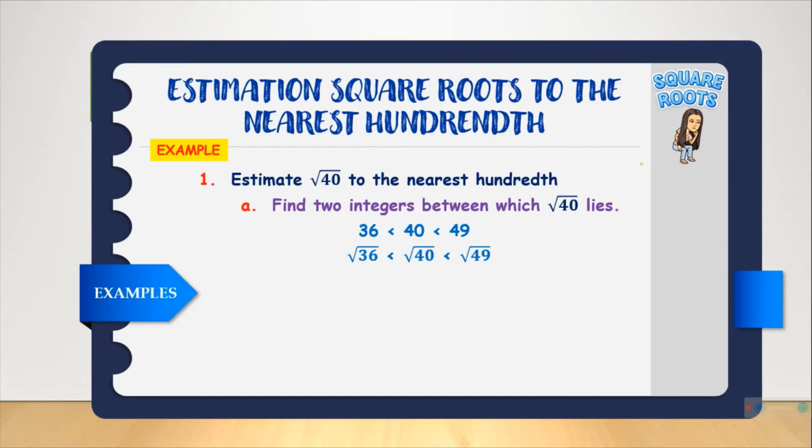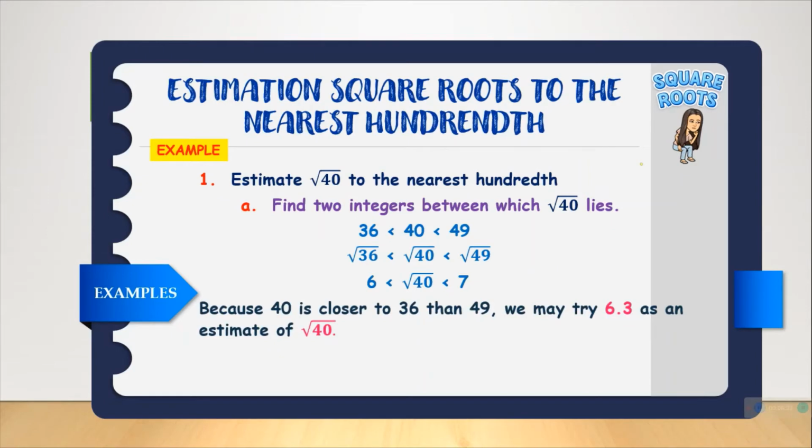So, the square root of 36 is less than the square root of 40, which is less than the square root of 49. The square root of 36 is equal to 6, the square root of 40 is in the middle, and the square root of 49 is 7.